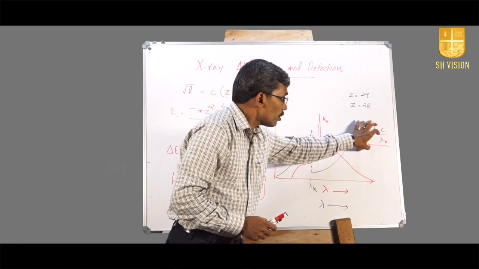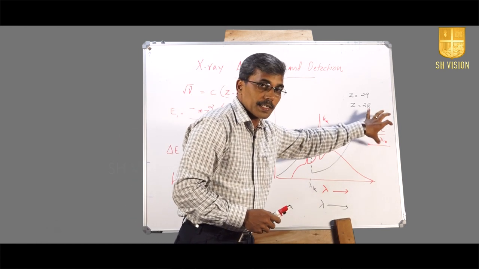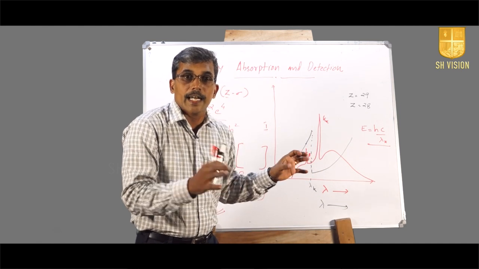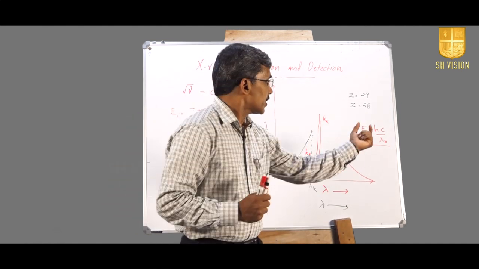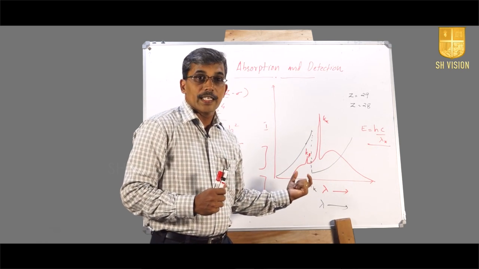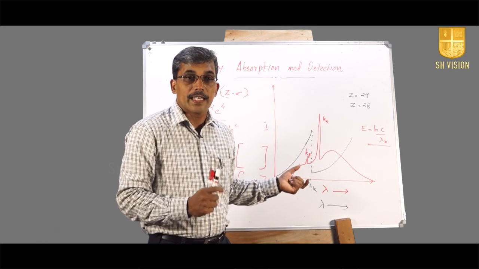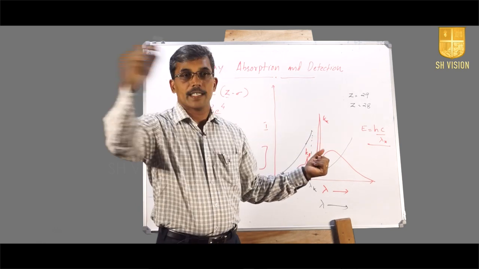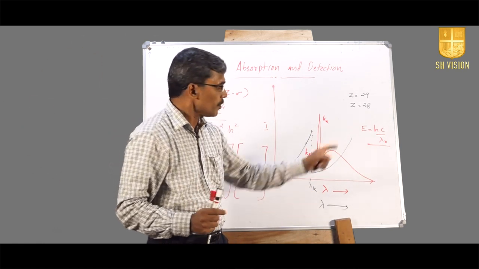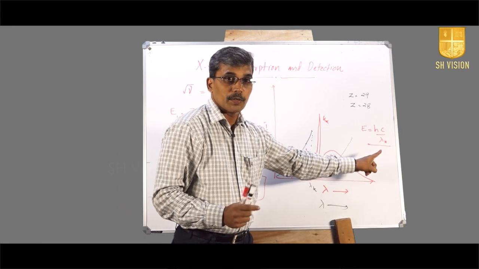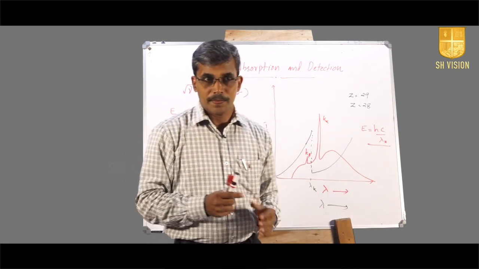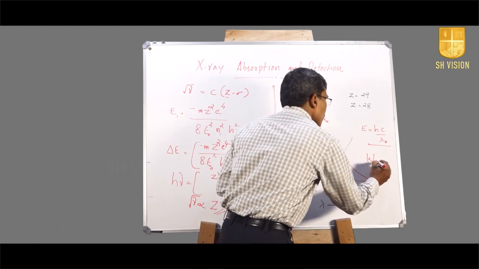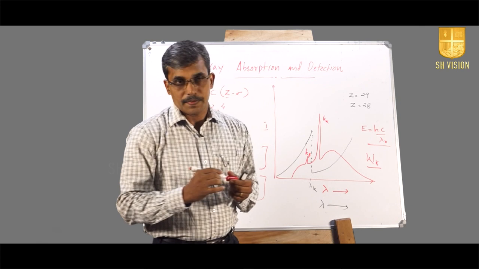When energy of X-ray photon is increased to this particular value, this target material is happy to absorb it, because this energy is equal to the energy of that K electron, or that K electron can be knocked out by absorbing this energy and the electron will be out. Therefore, this gives information about the energy of K orbit. So we can call it Wk, which is the energy of K orbit.